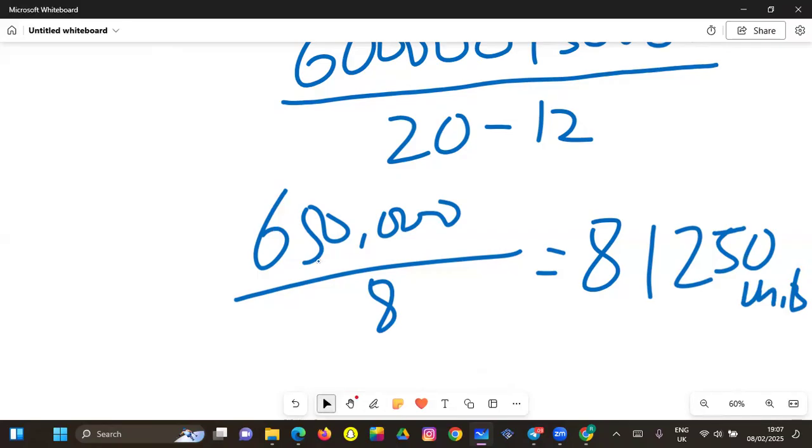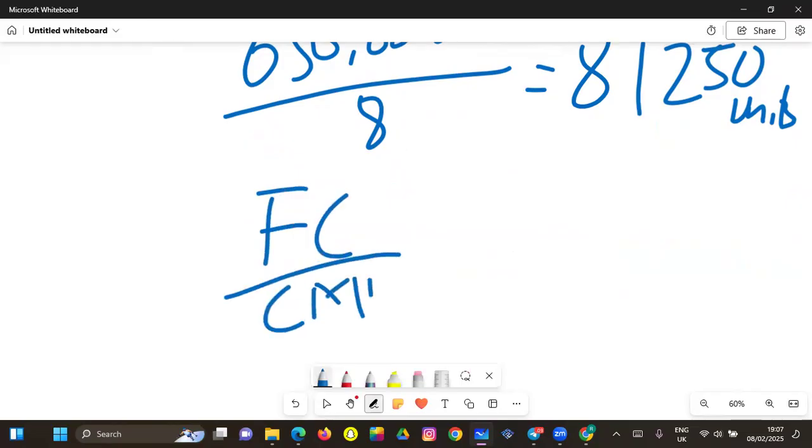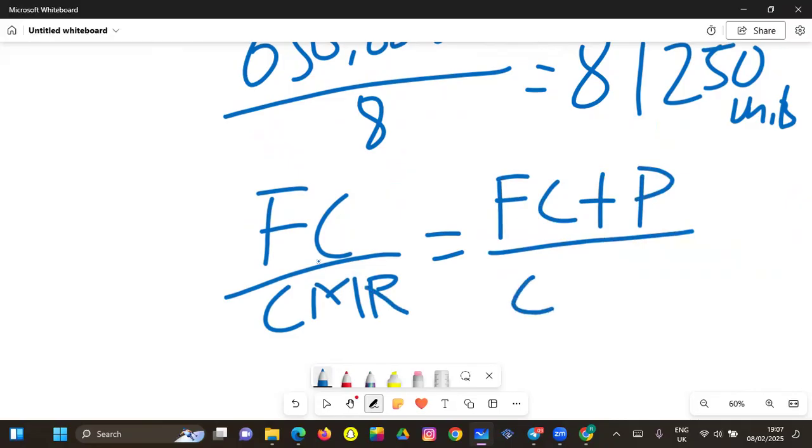We can multiply the selling price by this to get the sales revenue, or we can divide by our contribution margin ratio. It will not be only fixed cost over contribution margin ratio, but fixed cost plus the profit, all over the contribution margin ratio.